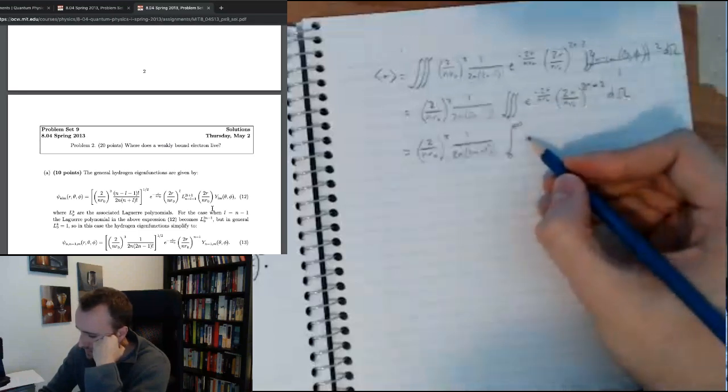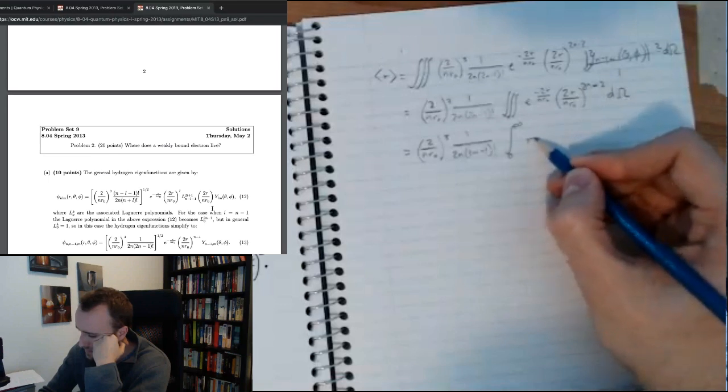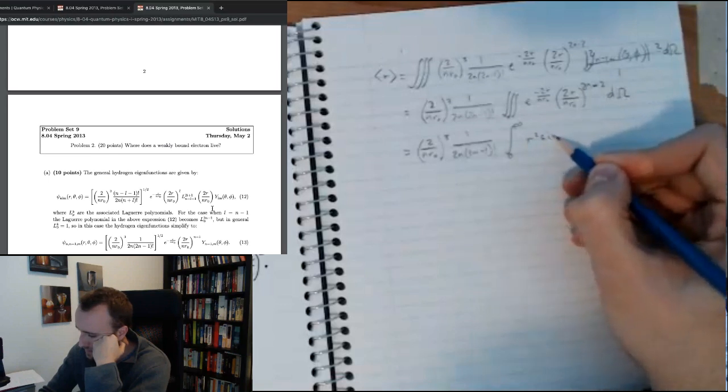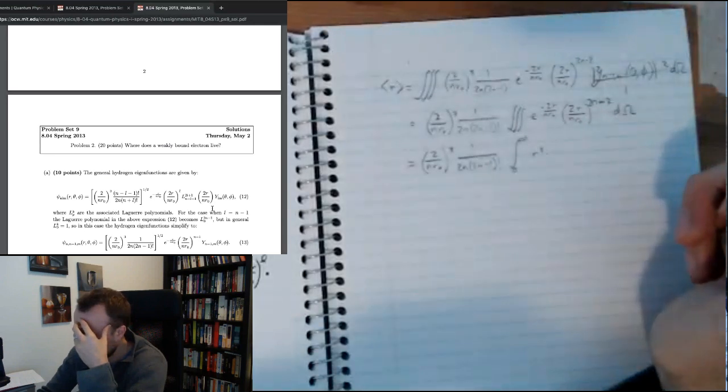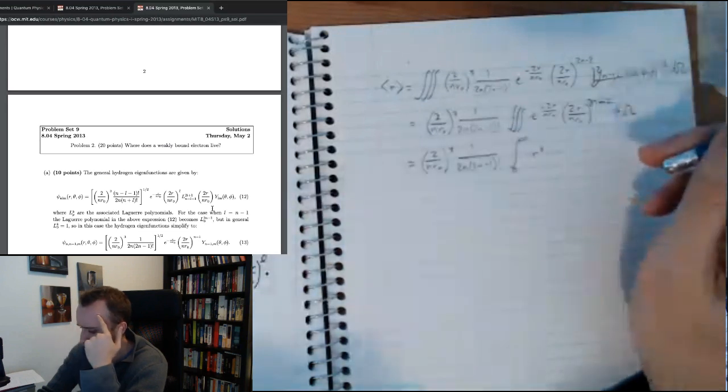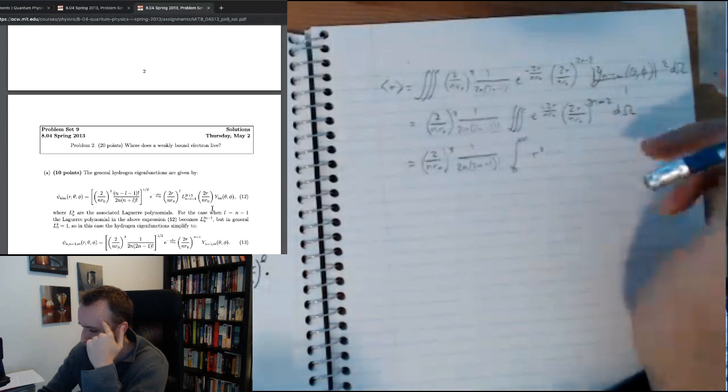And we want, this is going to be r squared sine, which is... I have to do this step by step, don't I?